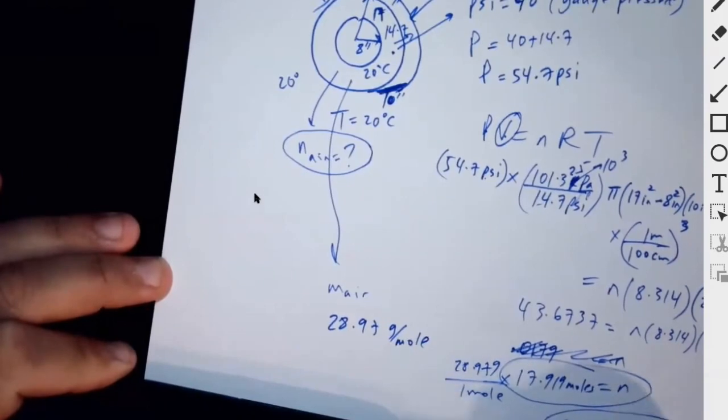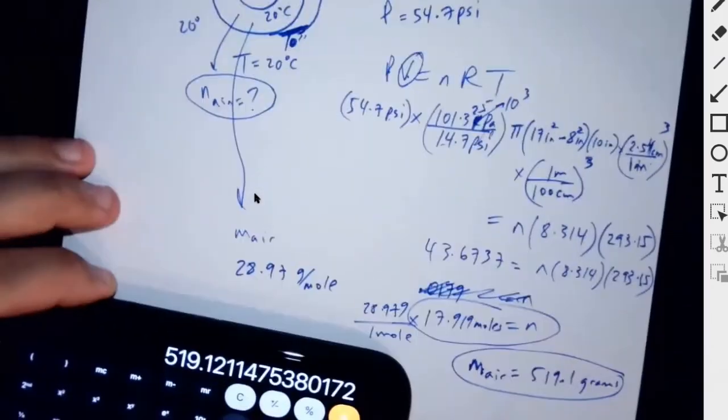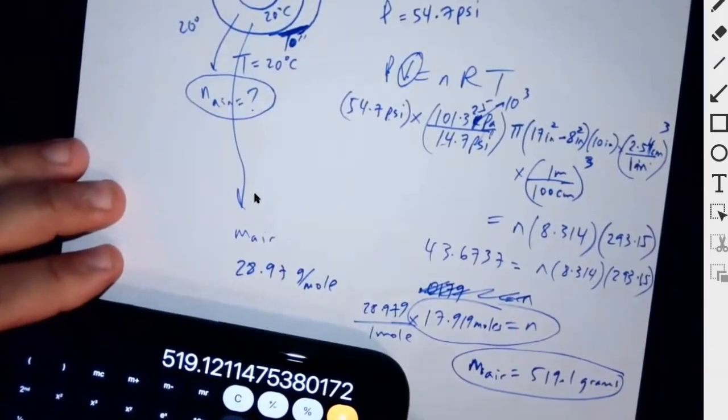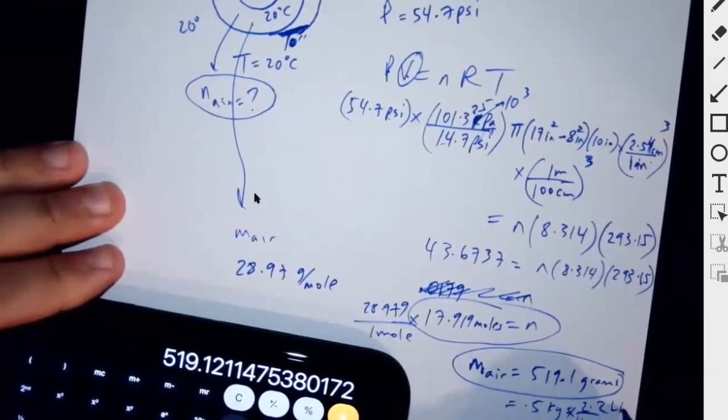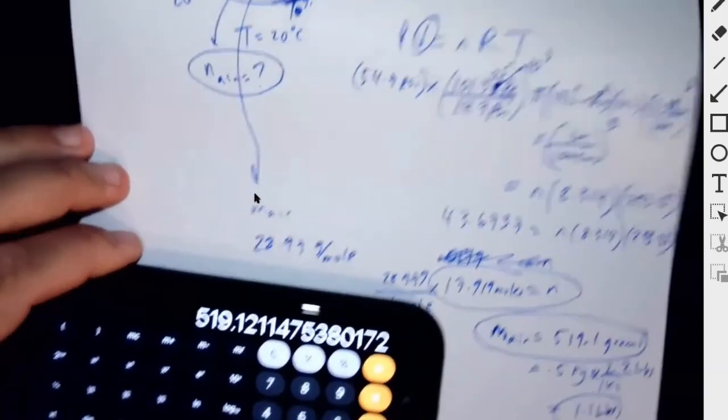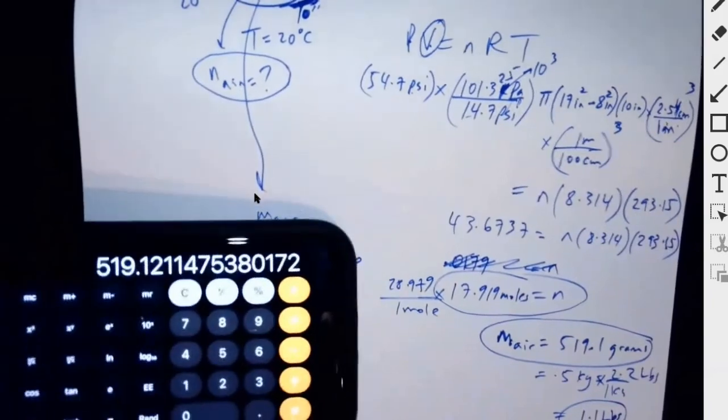Wow. So that means a typical tire has half a kilogram of air. Right, that's about 0.5 kilogram. Which is, since 1 kilogram is 2.2 pounds, that's about 1.1. That's funny. So you have about 1 pound of air in each tire.